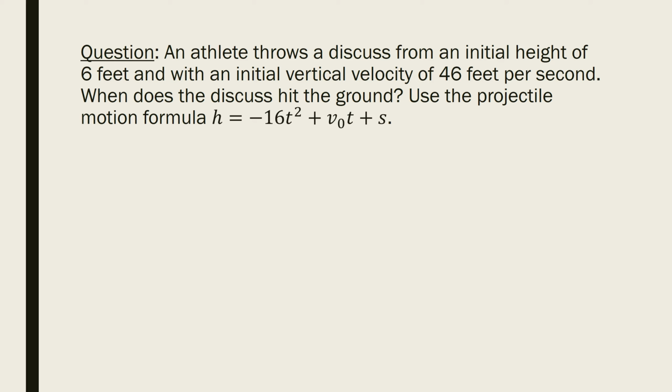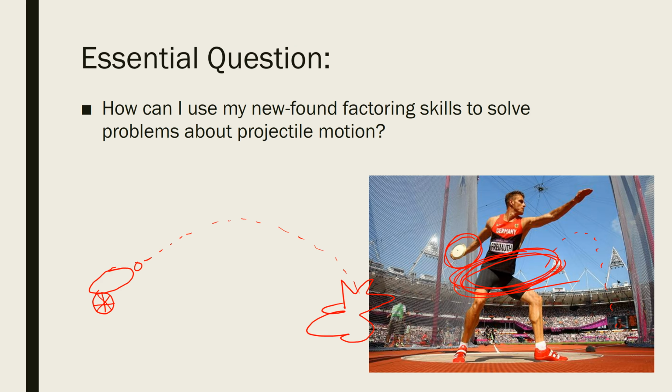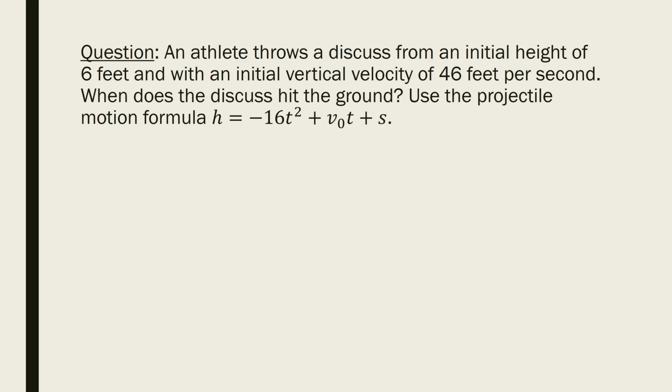So here's the question. This is the only question of today's video, but it's a decently in-depth one. And as I talk about it, listen to some different techniques that I use to make the factoring easier, okay? So first of all, the athlete, this guy, he throws a discus, this thing, from an initial height of 6 feet.